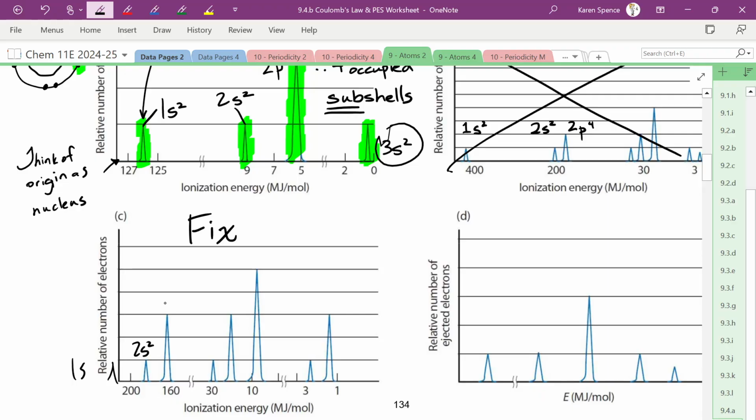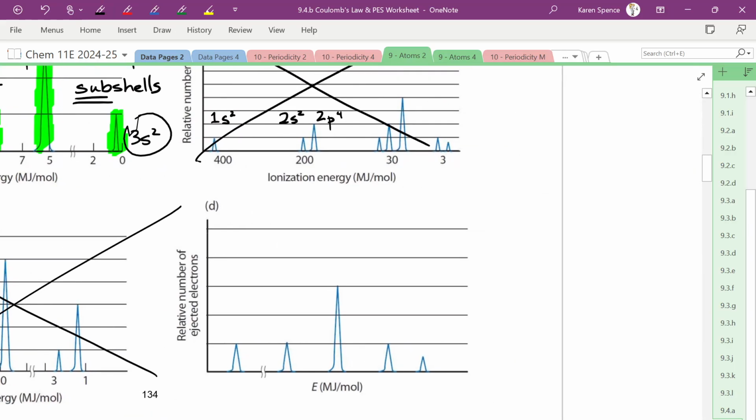Then this one would indeed be 2p6. Oh, yeah, this whole thing is just making my head hurt. Okay, so those ones are gone. Do you want to do D? D looks good. Yes, do D. Good Lord. Okay.